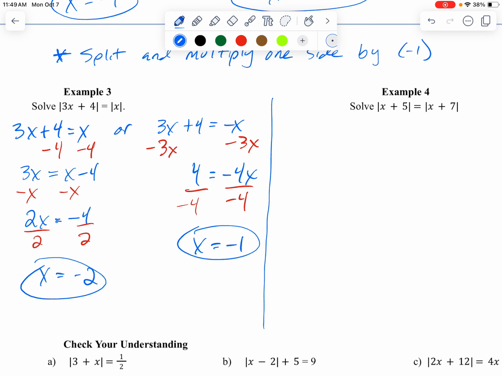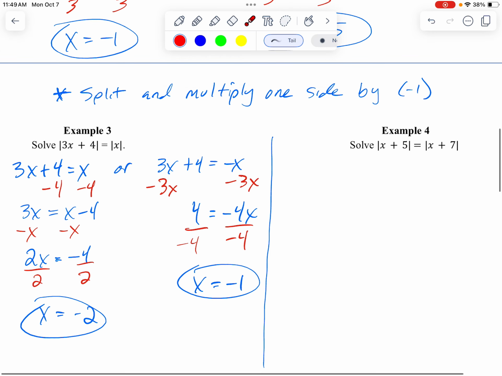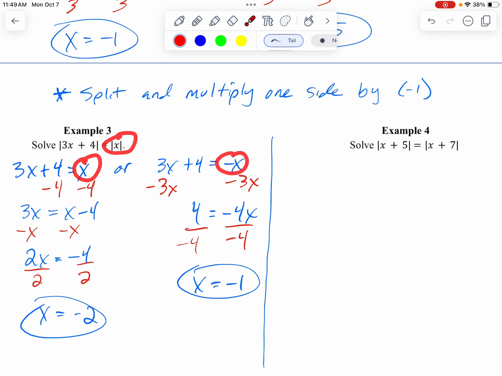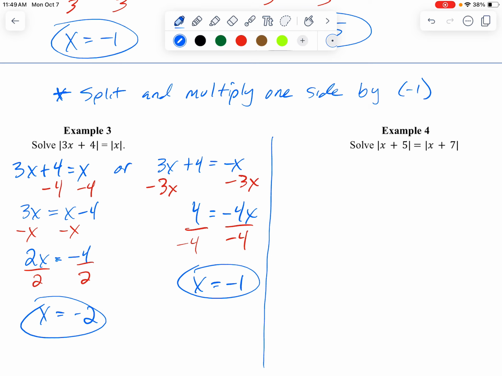Next, this is where this rule makes a little bit more sense. When it's just a single x here, we can say, okay, well, it's got to equal x or -x. When I've got this whole expression on the right side, notice how we handle this. I'm going to split and multiply both sides by -1.